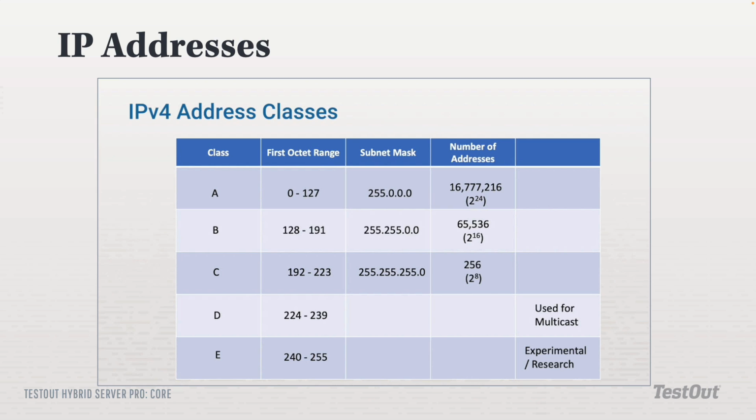The rest, the other 3 octets, are used for our hosts, okay? So that means we could only have between 1 and 254 networks, and then the rest can be used for hosts. So that means we can have 16 million hosts on a Class A network, okay?